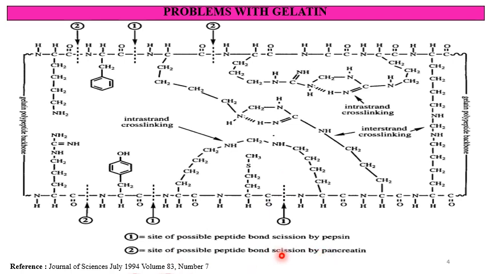Then another enzyme shown here is pancreatin. Site number 2, pancreatin will break the chains. So this is the information about intra-strand cross-linking and inter-strand cross-linking in the gelatin polypeptide backbone. This cross-linking renders the gelatin insoluble, and that's why the dissolution failures come.